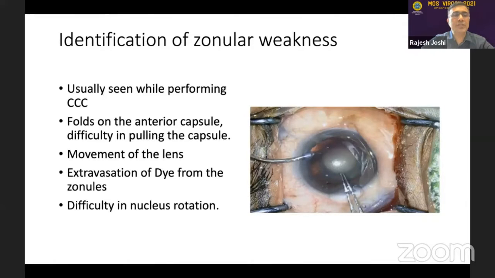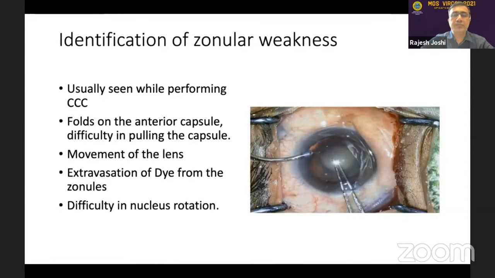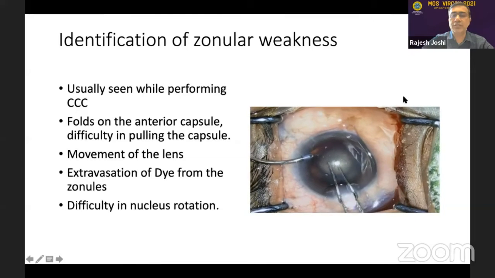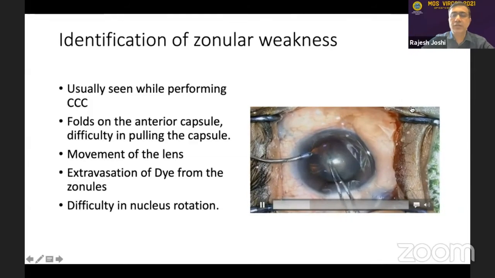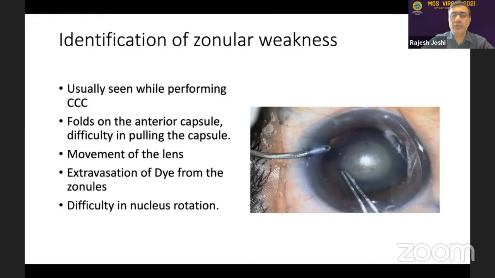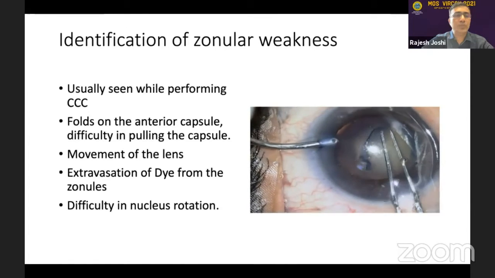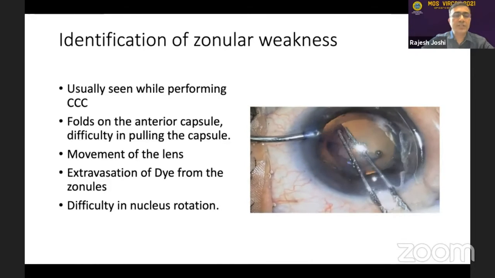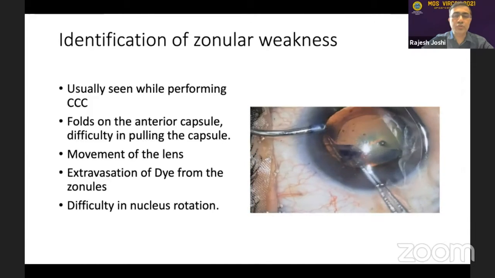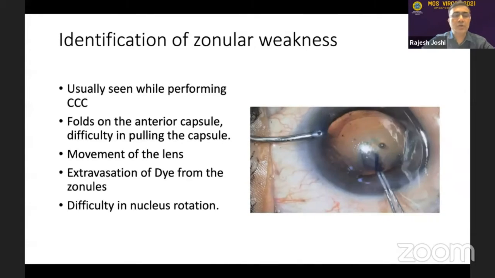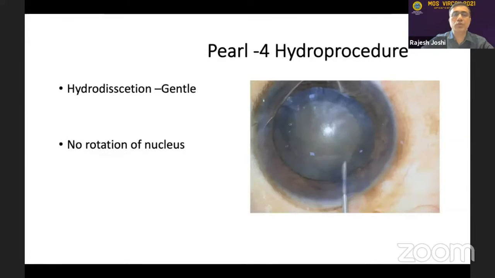Identification of zonular weakness is usually seen while performing the CCC. You can see here the lens is getting wobbled, and apart from that, there are a few folds on the anterior capsule. Movement of the lens, extravasation of dye from the zonules, that is also an indication of some zonular weakness, and difficulty in nucleus rotation.